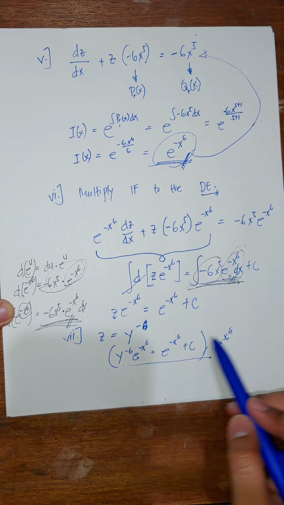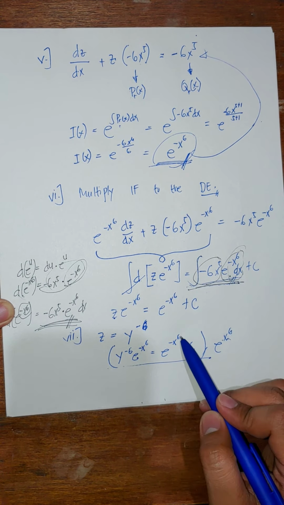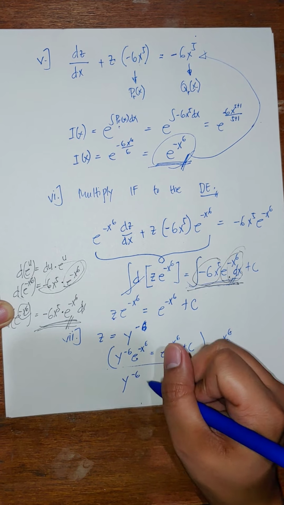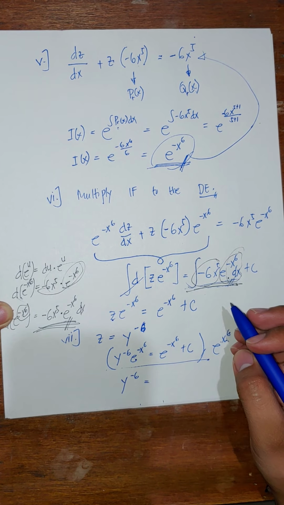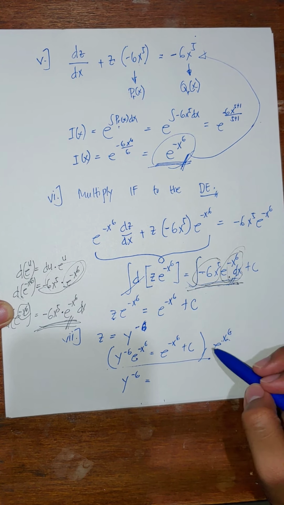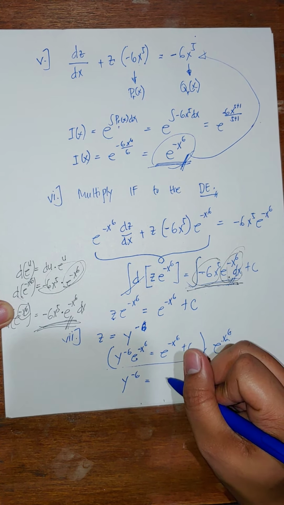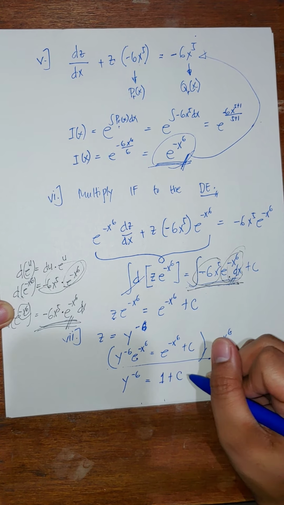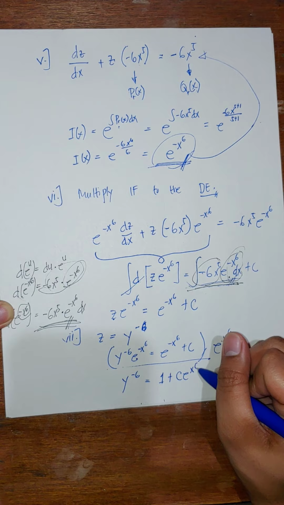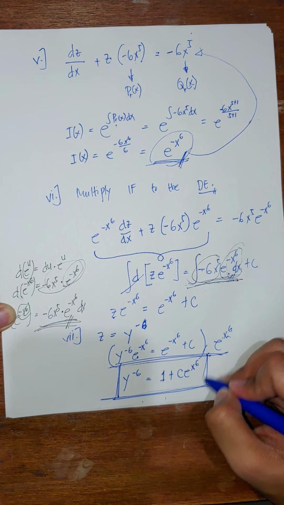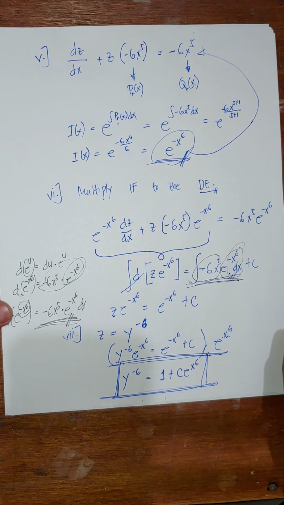So we distribute this on the left side and also on the right hand side. Then the equation becomes y to the negative 6 is equal to 1 plus c e to the x to the 6th power. So this will be our general solution for the given differential equation.